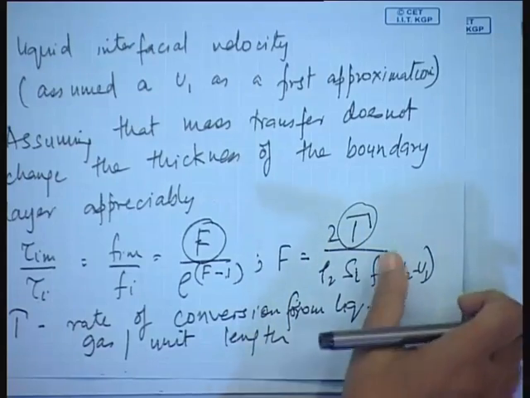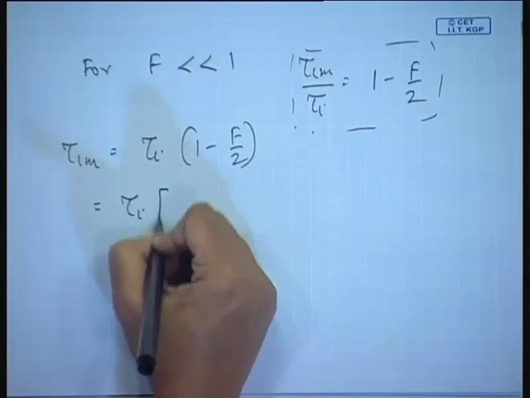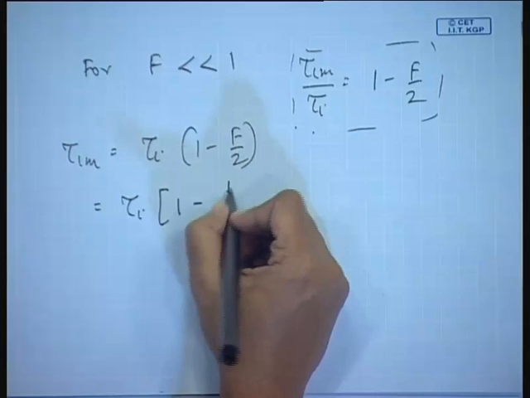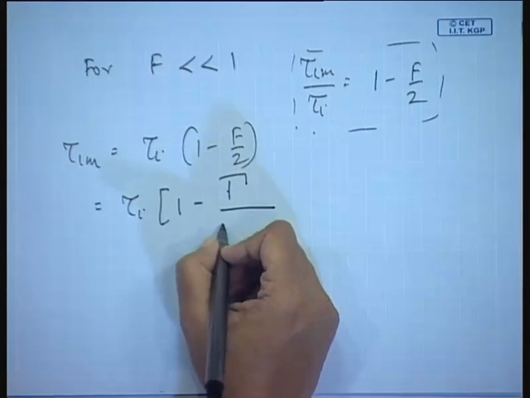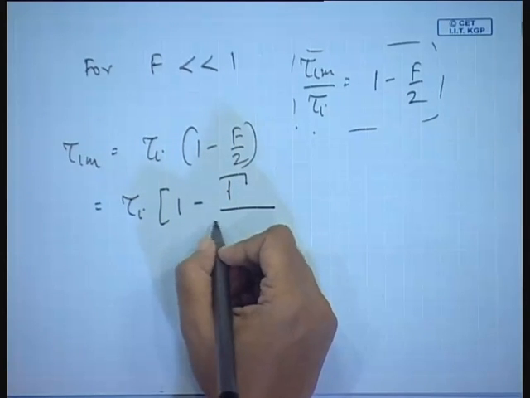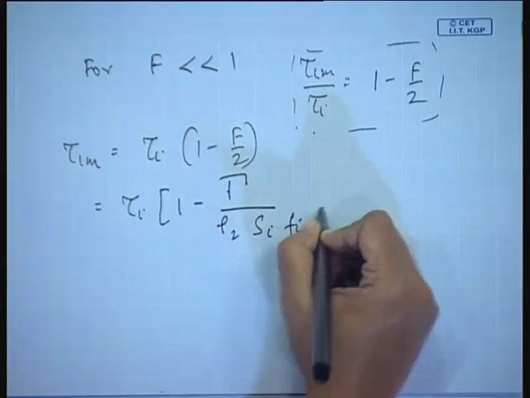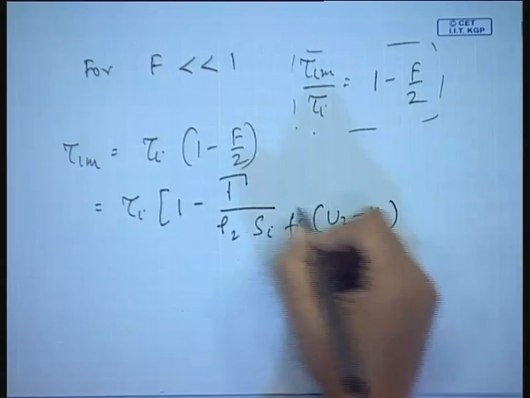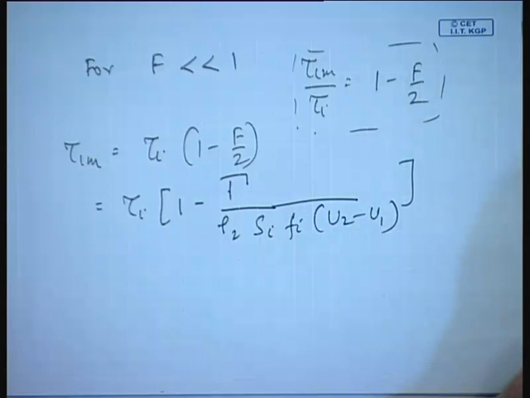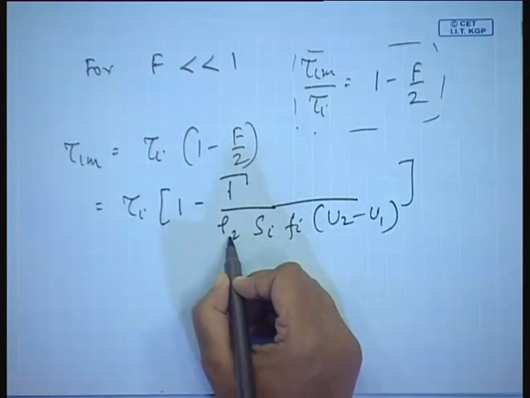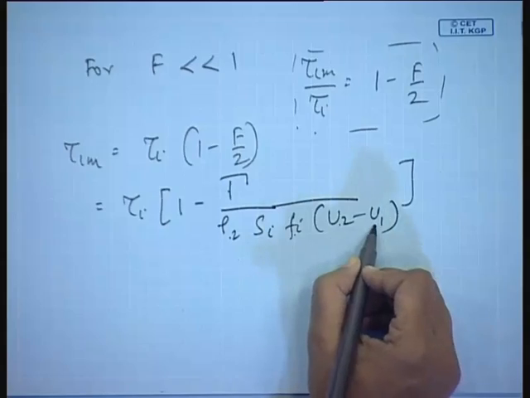So, instead of f we can write tau I into 1 minus, the 2 cancels out, so it becomes gamma over rho 2 SI Fi into u2 minus u1. I can write it in this particular way, and I know what this rho 2 Fi into u2 minus u1 is.